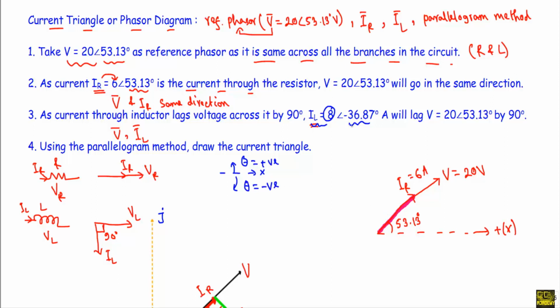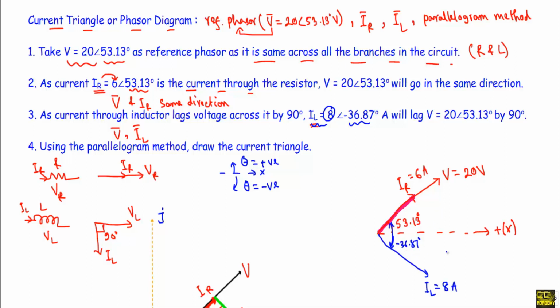So to create minus 36.87 degree, we will move in clockwise direction, and let's say this line is indicating our IL equal to 8 ampere and it is creating minus 36.87 degree. And you will see the overall angle, the angle between the voltage across the inductor and the current through the inductor is 90 degree, 53.13 plus 36.87 degree.